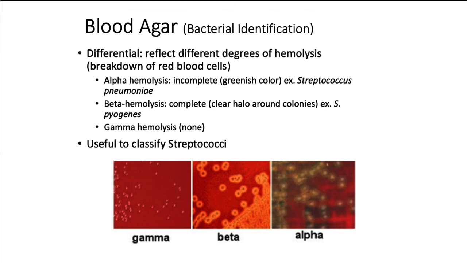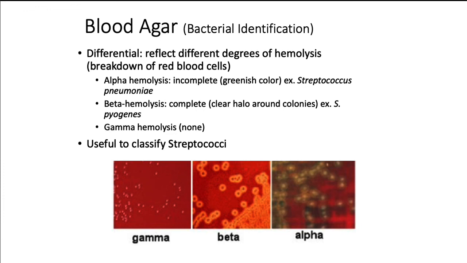And gamma hemolysis is basically no hemolysis. So the bacterium is unable to break down the red blood cells. As you can see to the left, you see the colonies, but there's nothing special about them. But if you compare beta and alpha hemolysis, alpha hemolysis is a partial, incomplete degradation of the red blood cells, and you're going to see this greenish halo around the colonies.